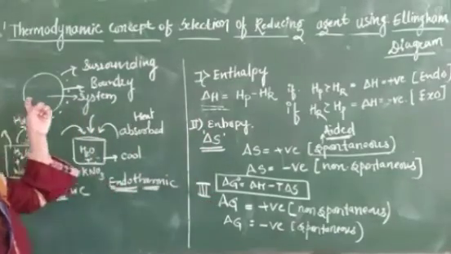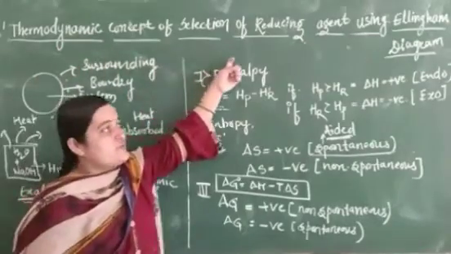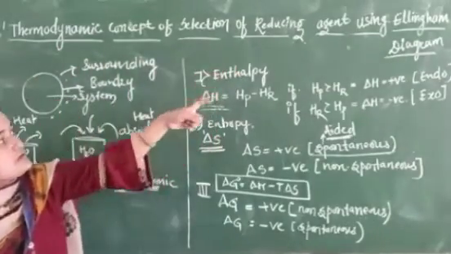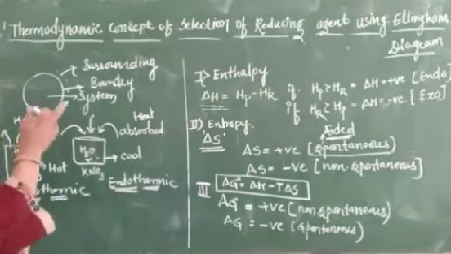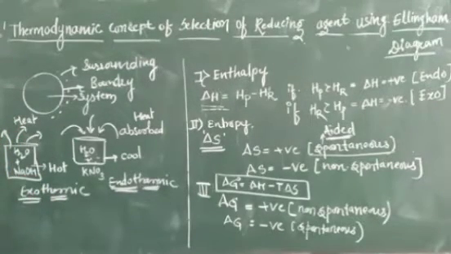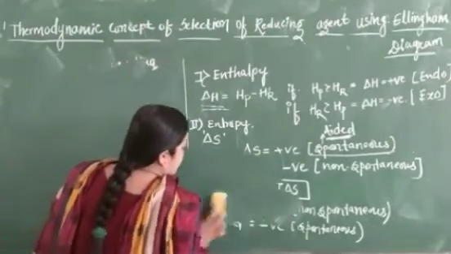These are the three terms we require in the thermodynamic concept for the selection of reducing agent in the Ellingham diagram. Now the next part we are going to deal with is the Ellingham diagram. What is the meaning of Ellingham diagram? The definition, and the graph we will plot there. So let's start the next term, Ellingham diagram.